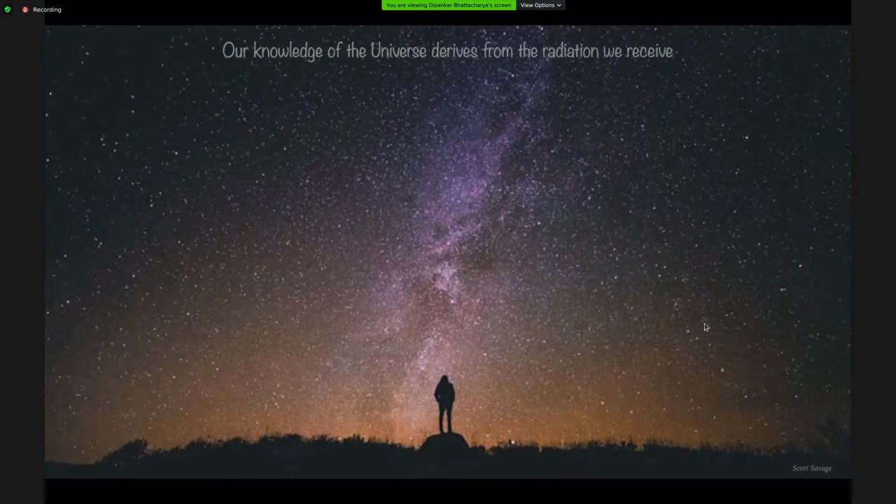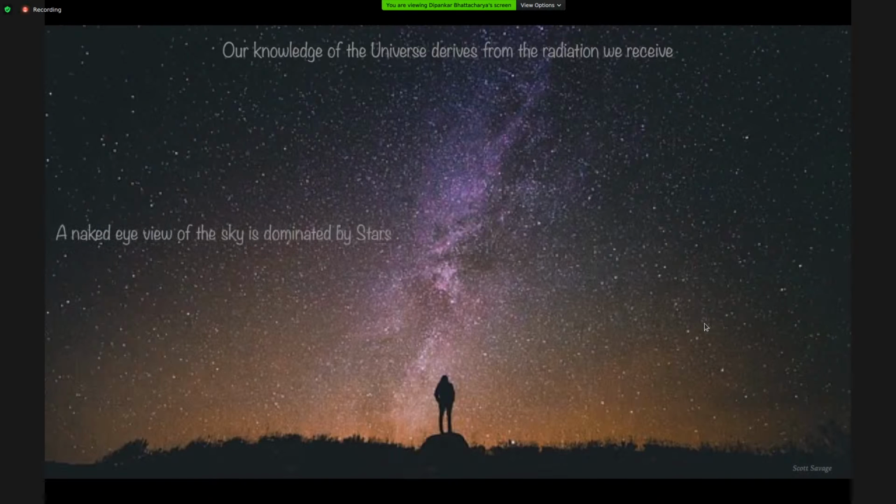So these are the various kinds of radiation that we receive, and our knowledge of the universe derives from the radiation we receive, because we, by and large, cannot go to most cosmic objects and touch or feel or see them for ourselves from close by. So understanding the processes of radiation and the information it carries is vital to the practice of astronomy.